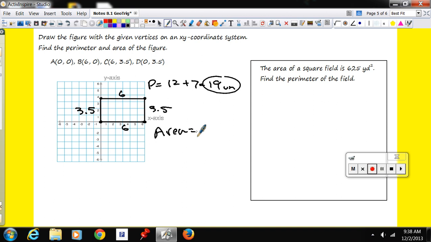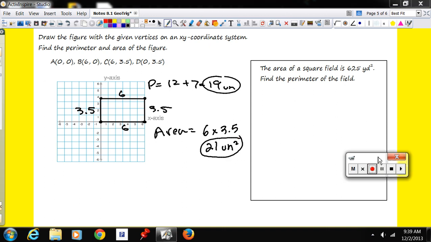No. Jose, 21 is correct. 6 times 3.5 is 21 square units. I think you should do this and not whatever you're doing.